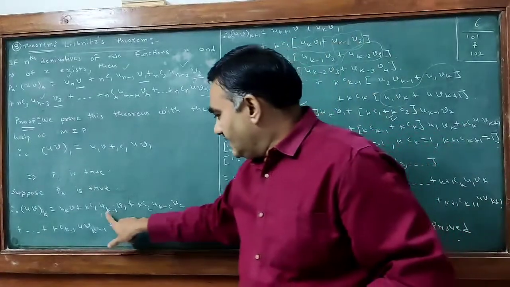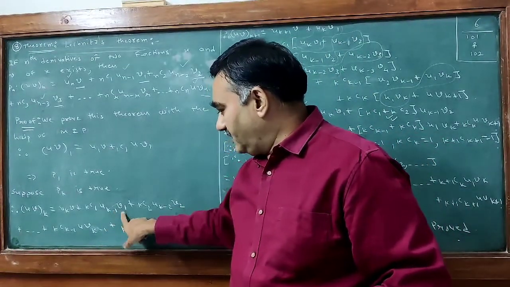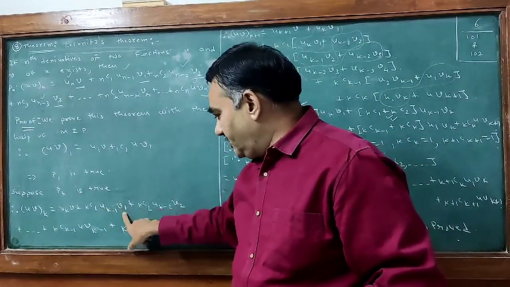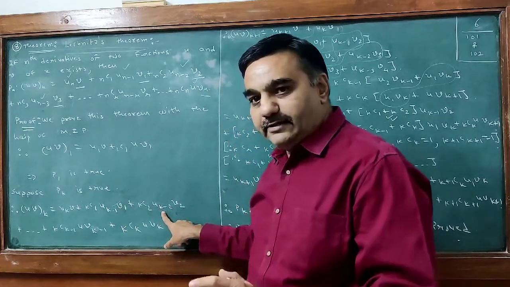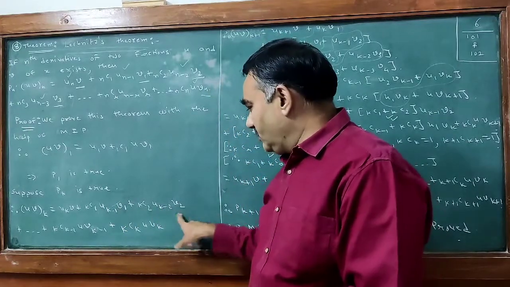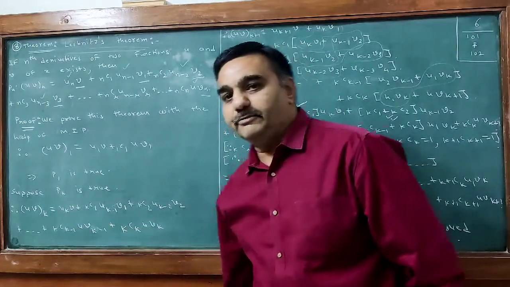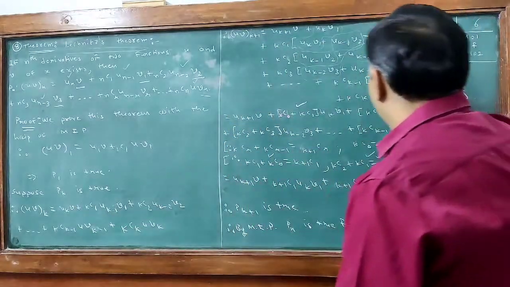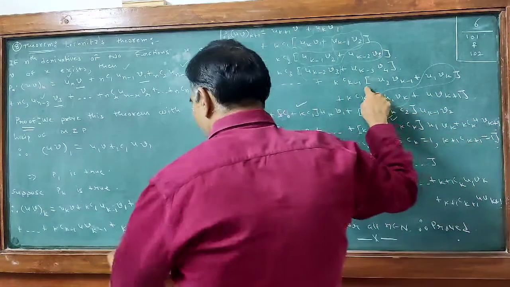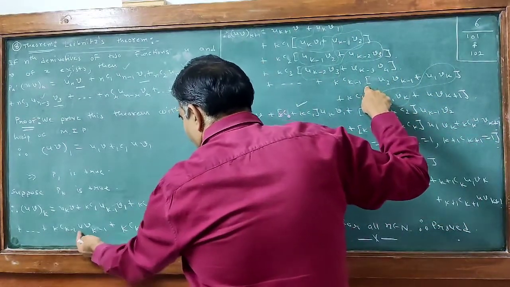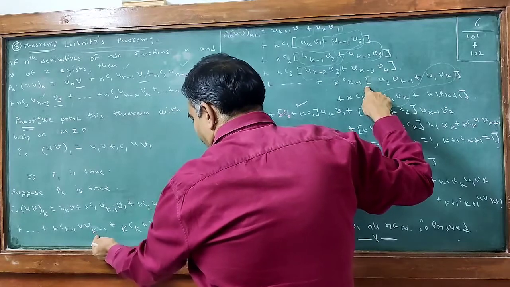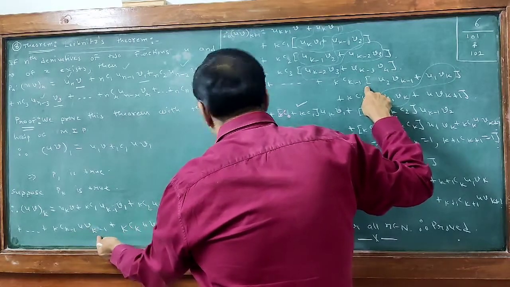Here it is uk v1, uk-1 v2. Here it is uk-1 v2, uk-2 v3, and likewise up to the last term. In the second last term, we have kCk-1 u1 vk-1 plus u vk.